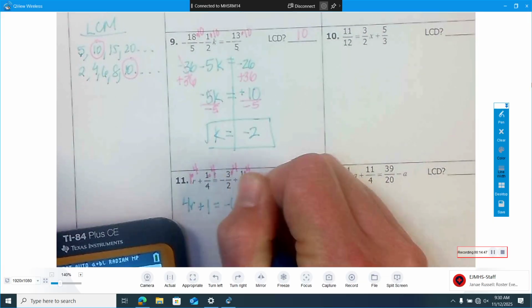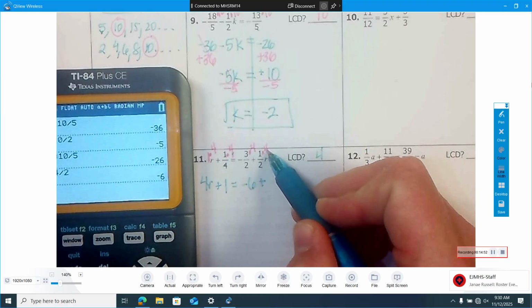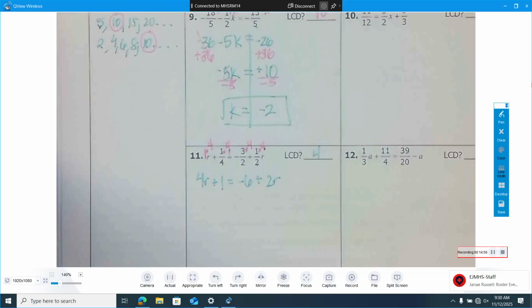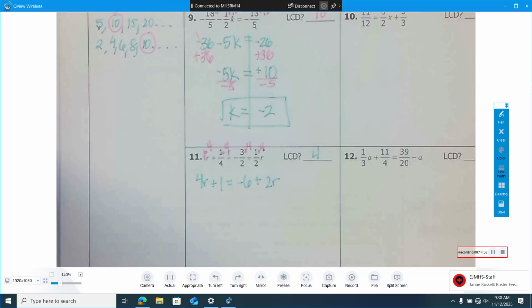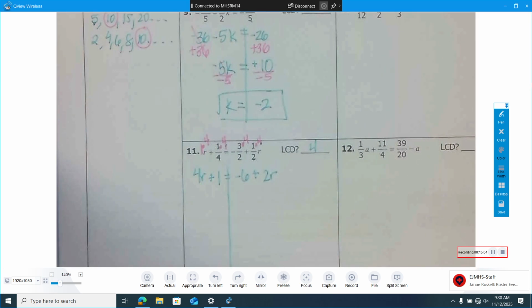You don't have to use the calculator. It's not that hard. 1 times 4 is 4 divided by 2? 2r. All right? Use your calculator if you want, or do the math because the numbers aren't bad, yeah? All right, we have an easy equation to solve now.